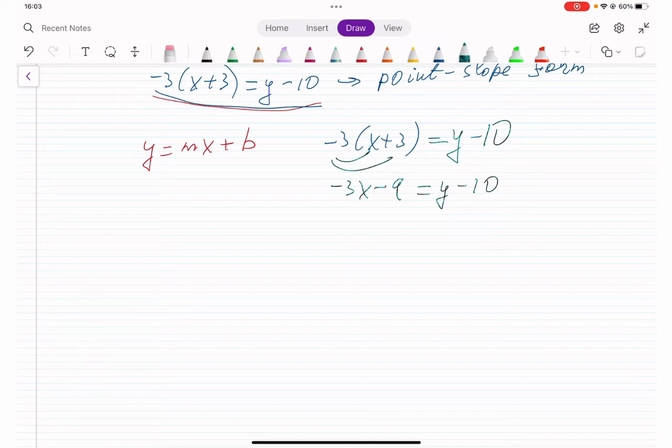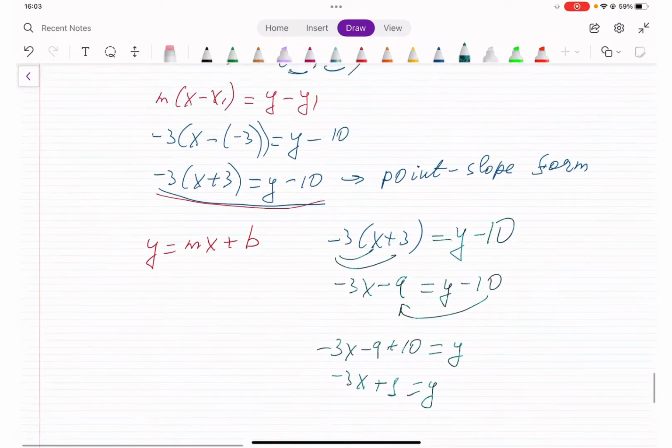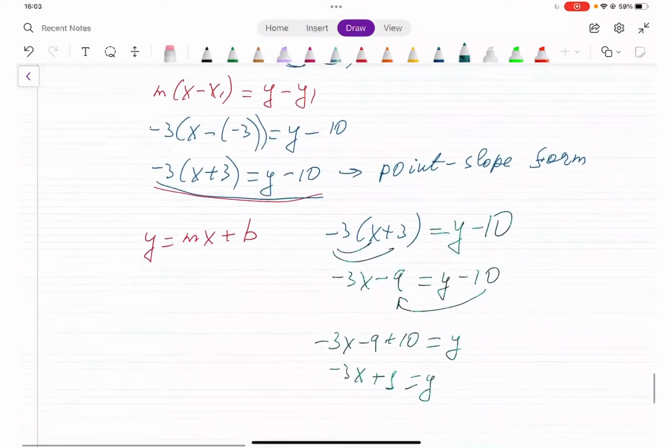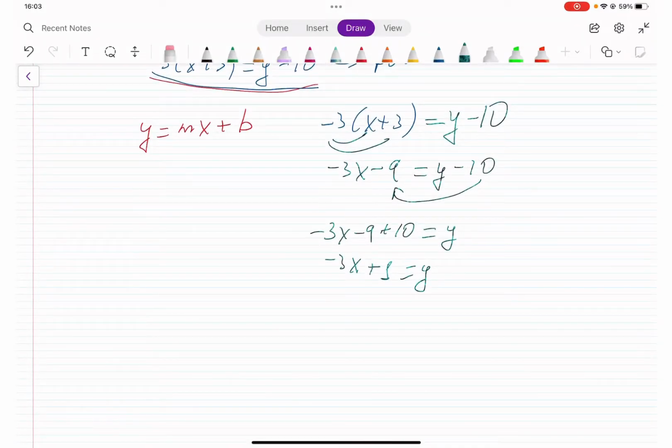And from here, I want to find y, so I'm moving this over. -3x minus 9 plus 10 is equal to y. So -3x plus 1 equals y. Practically rewriting, y is equal to -3x plus 1.